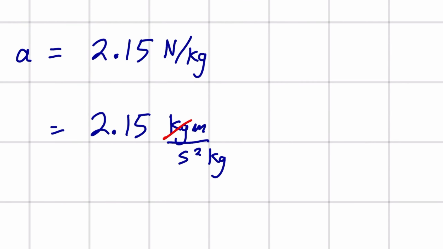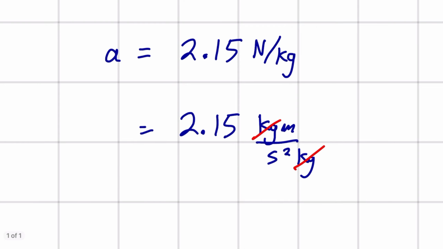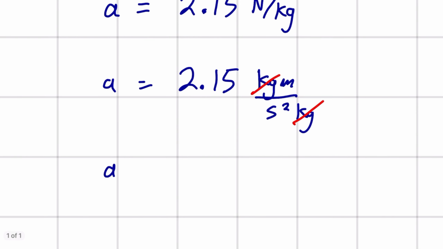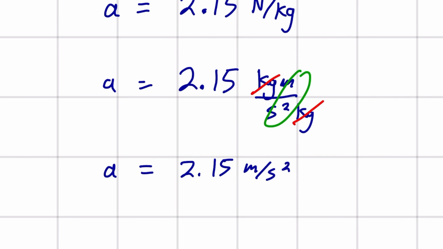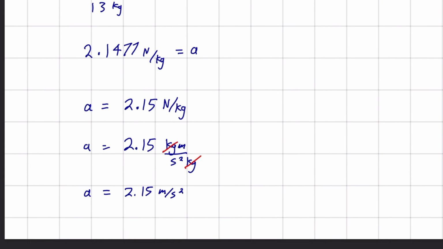And what do you notice now? The kilograms cancel out. So our acceleration is equal to 2.15 meters per second squared. So you can see meter per second squared, that's what we're left with after the kilograms cancel out.